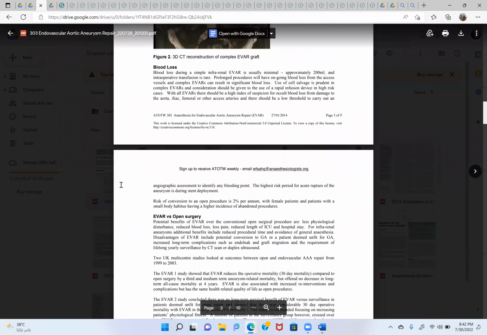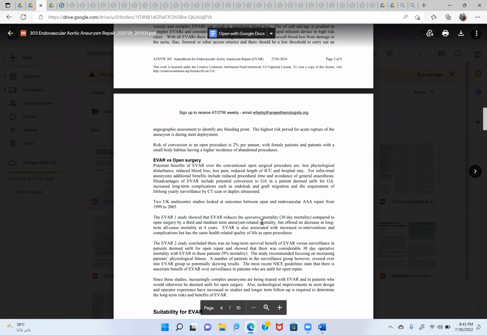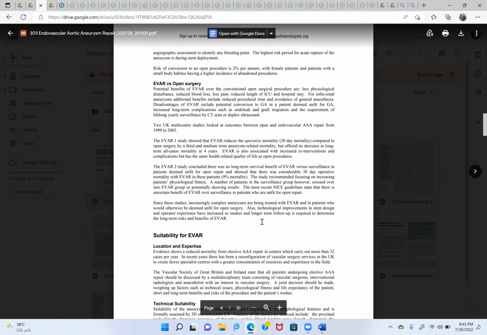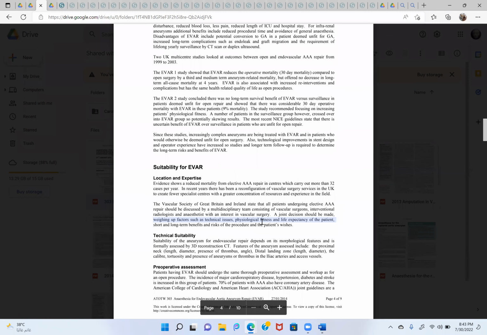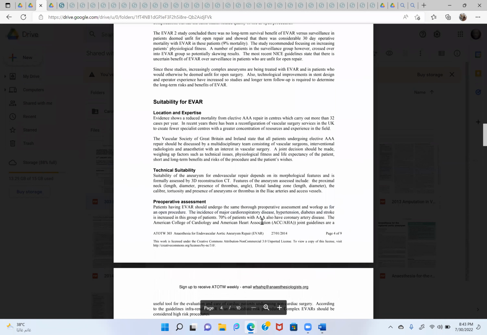Is it your decision to have open or endovascular, or the surgeon's? It's not your decision, okay, it's the surgeon's decision.